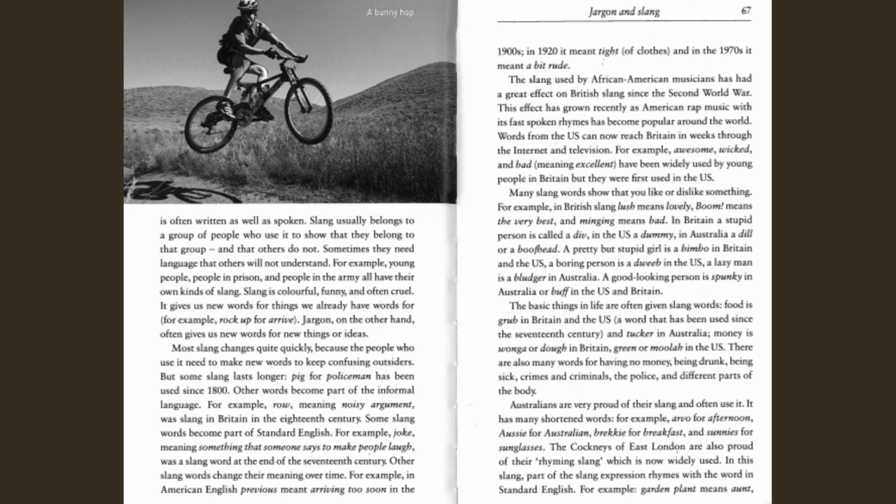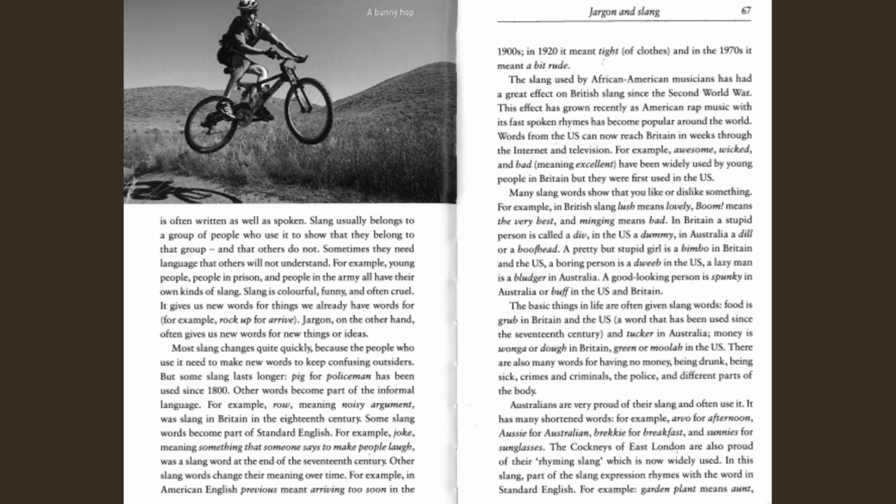The basic things in life are often given slang words. Food is grub in Britain and the US, a word that has been used since the 17th century, and tucker in Australia. Money is wonga or dough in Britain, green or moolah in the US.